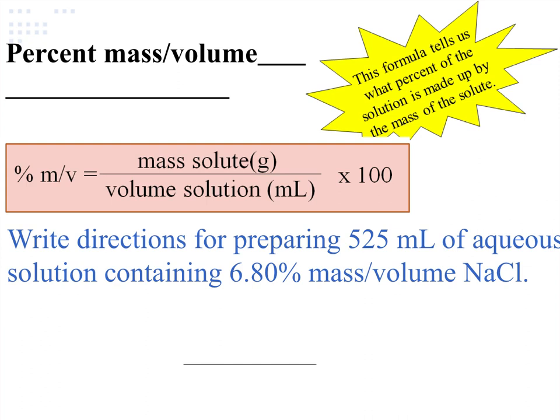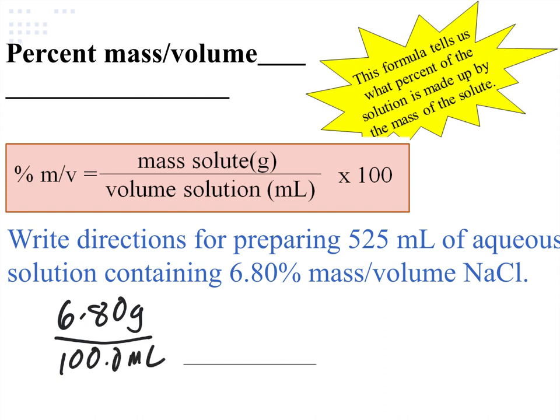So if you were to, like here on this bottom calculation, write directions for preparing 525 milliliters of aqueous NaCl solution, and it says that the percentage is 6.8 percent mass volume. Now you do have to say whether that percent is mass volume or volume, and they say here it's mass volume. I would take my 6.80 grams in 100 milliliters of solution.